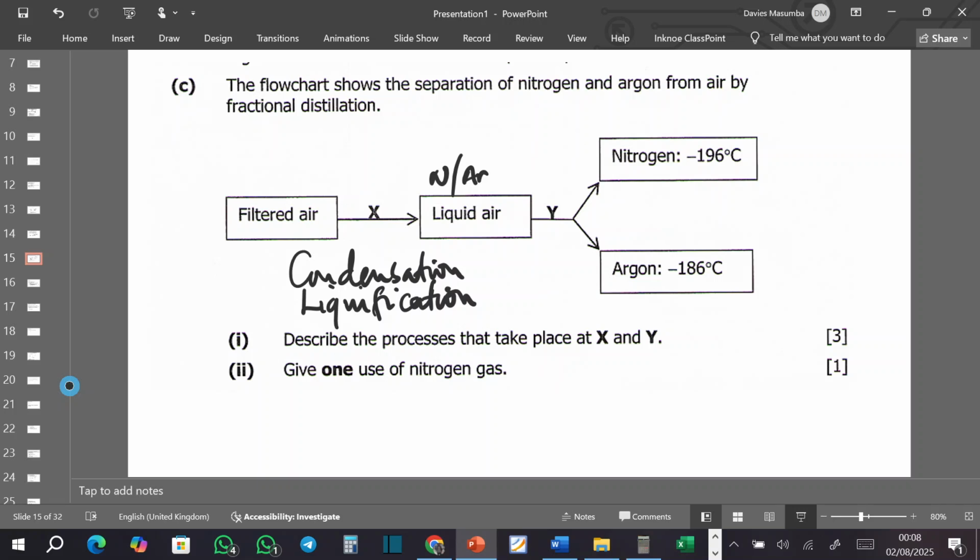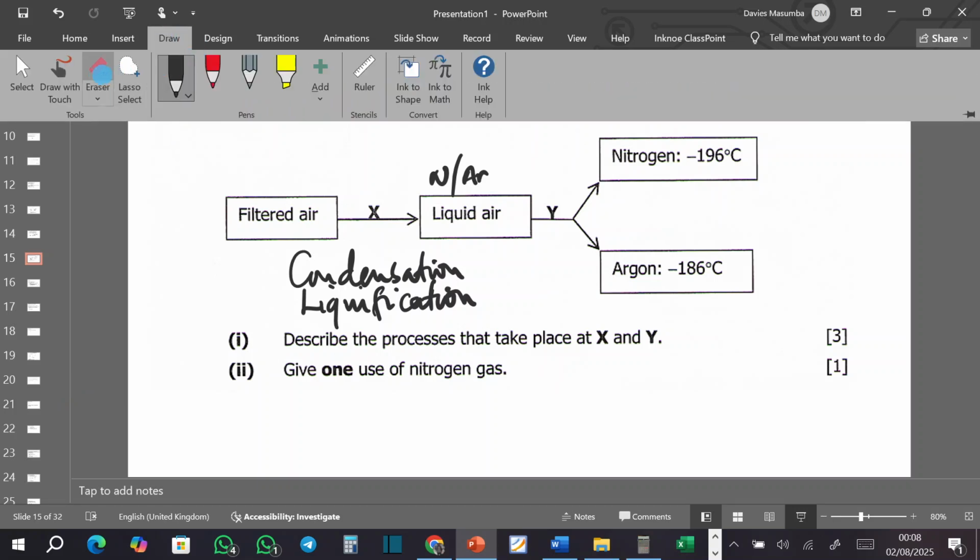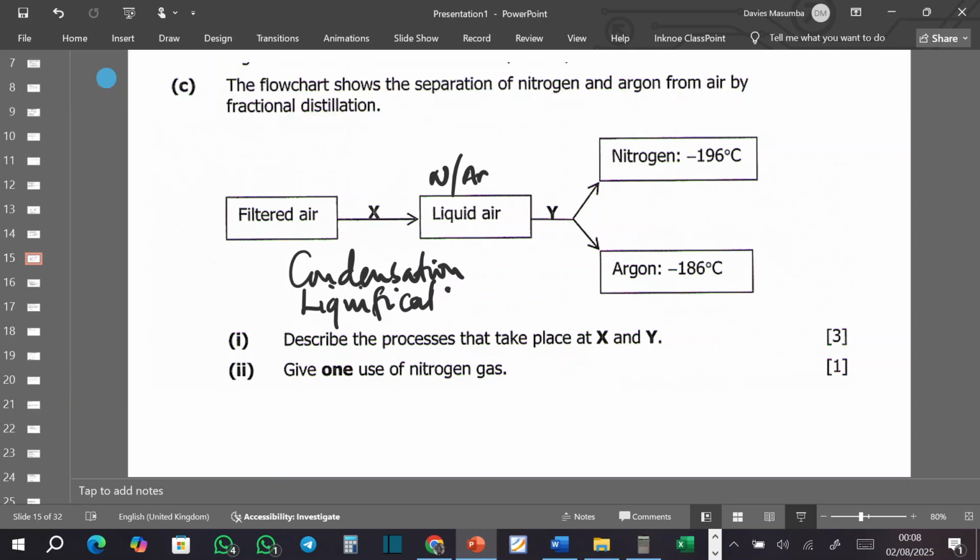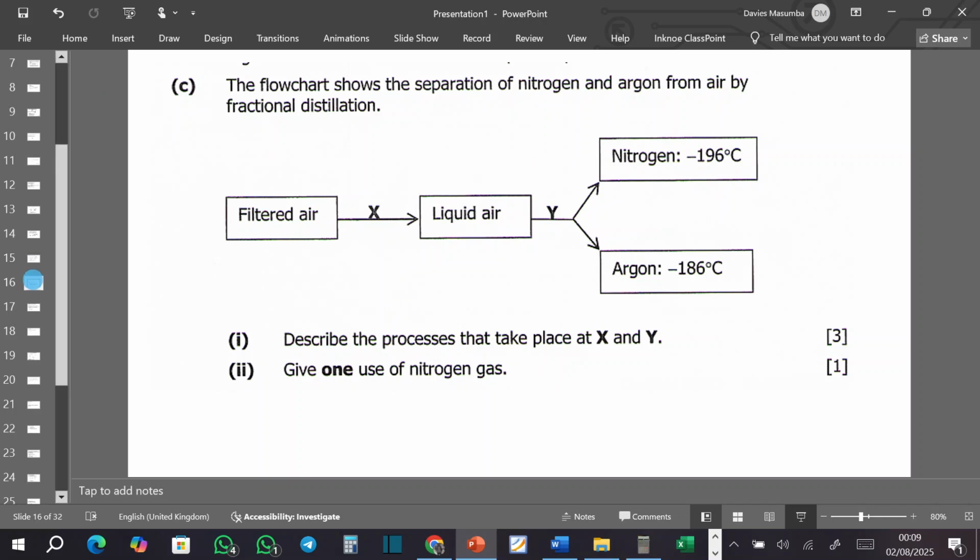They are both in liquid form here. Then they end up separating. Nitrogen goes one way and argon the other way. So what is that process? That should be fractional distillation, or cooling, or heating them back.